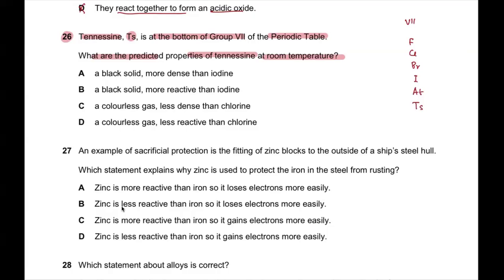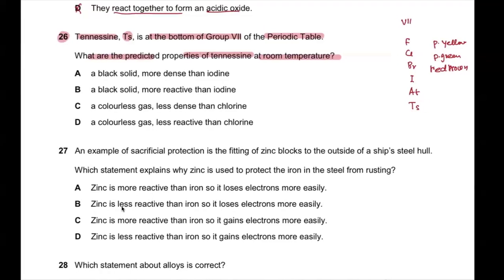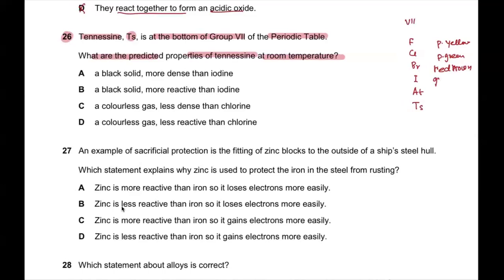If you recall, fluorine is pale yellow, then chlorine is pale green, right? Bromine is red brown. Then we have a gray black solid, iodine.